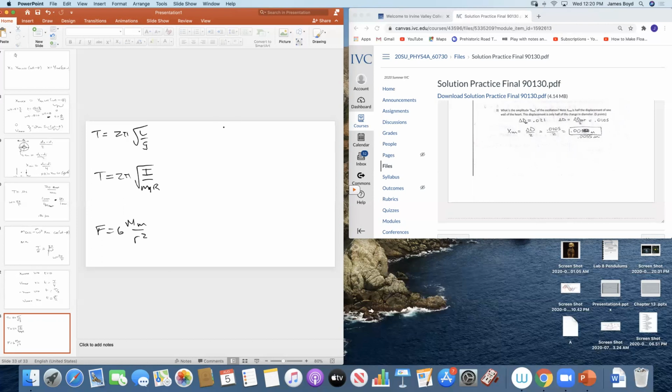For oscillations, it comes down to, you have this equation, and you have obviously v and a as well. But it comes down to finding this, and finding this.